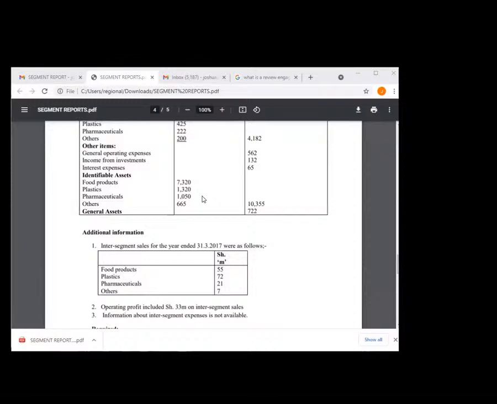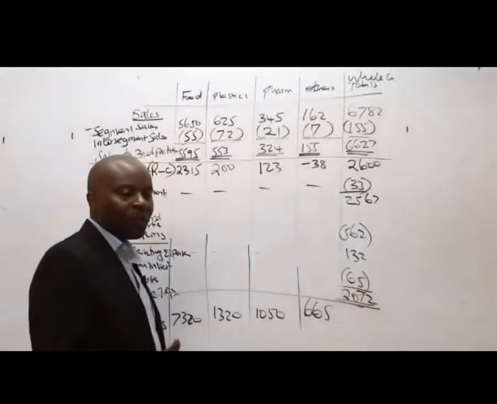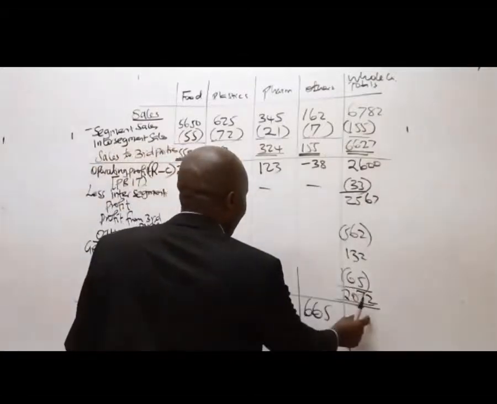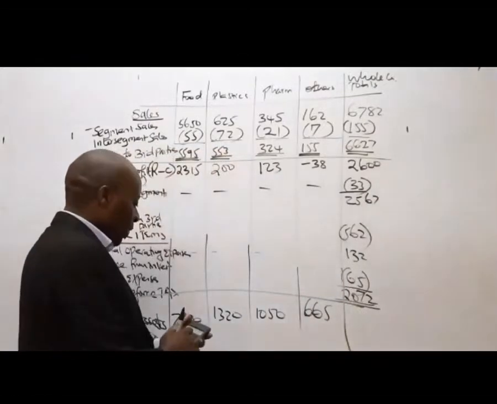And then now we have the general assets. General assets are the ones we call the unallocated or unallotted. They don't belong to any segment. These unallocated, which are 722, perhaps are the ones lying at the head office. But first of all, it will be very important for me to give you the group total.